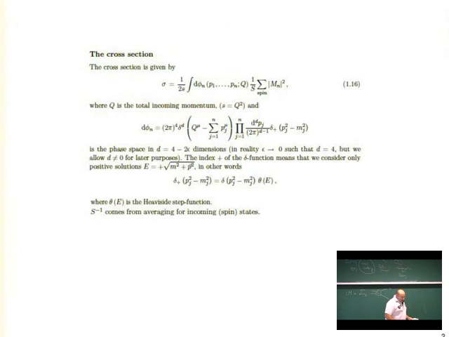What we actually need in the cross section is not the scattering amplitude by itself, but as it says, we need the square of the scattering amplitude, and we can compute the square of the scattering amplitude simply by taking the complex conjugation of these diagrams and summing over all possible cuts.